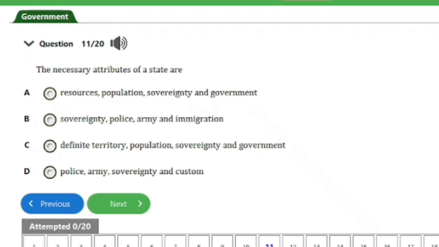C. Definite territory, population, sovereignty and government. D. Police, army, sovereignty and custom. So guys, the answer to this question is option C here, definite territory, population, sovereignty and government. And that's it for this question. So let's head on to the next question, guys.